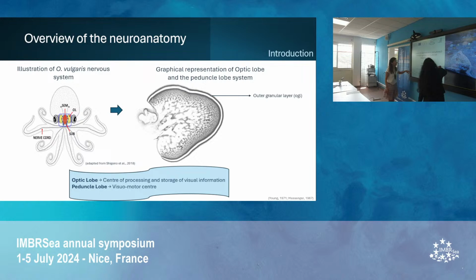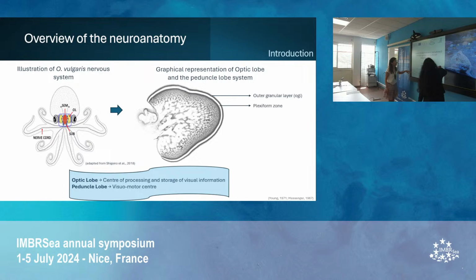The optic lobe possesses an external double layer which consists of further 3 layers, like the outer granular layer. One thing I'd like to point out is that this layer is also known as the deep retina because its anatomy is very similar to that of the vertebrate retina.